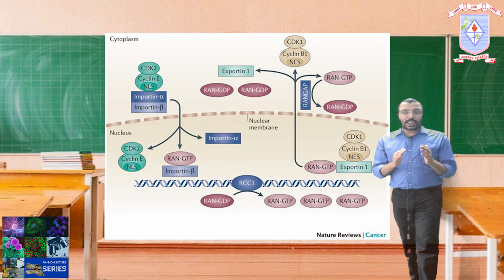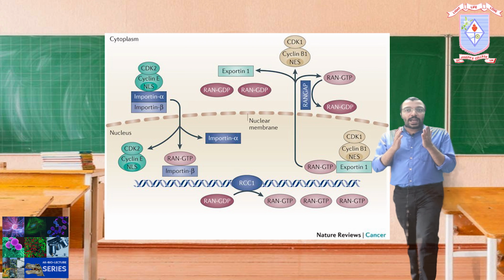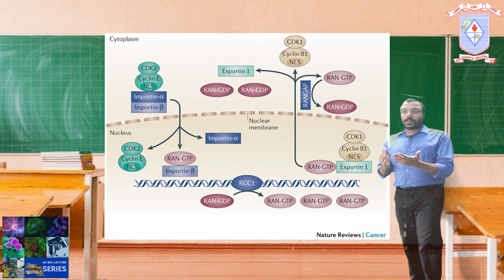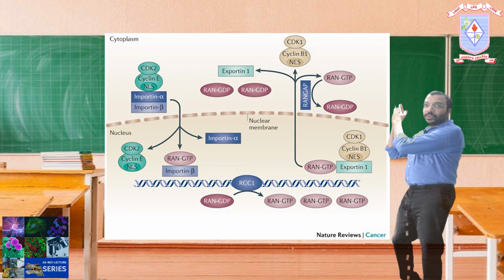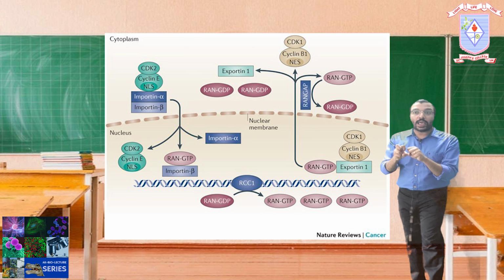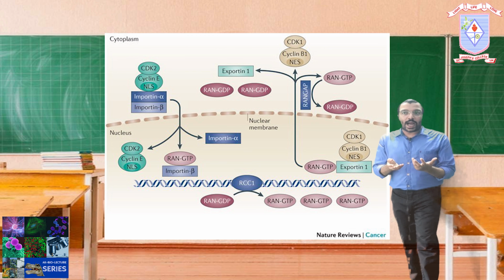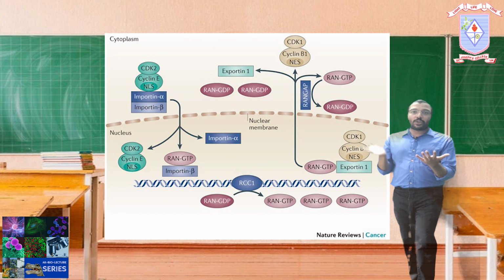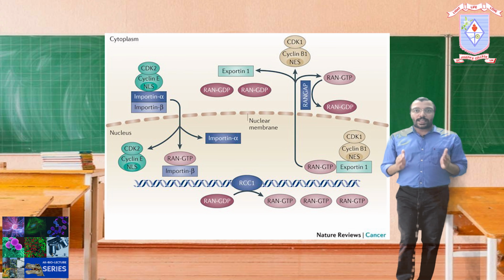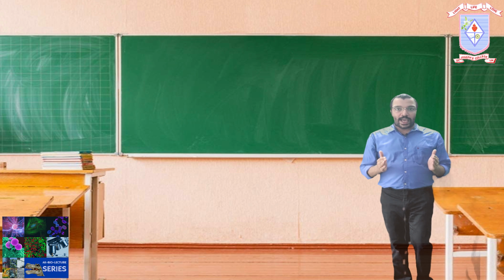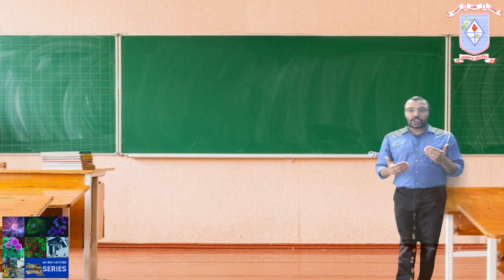Once phosphorylation has completed, the cyclin B can easily transport into the nucleus with the help of importing proteins. But the phosphorylation at the NES of cyclin B blocks the subsequent export of the cyclin back to the cytoplasm. That is the end of cyclin-CDK complex mediated internal regulation of cell cycle.